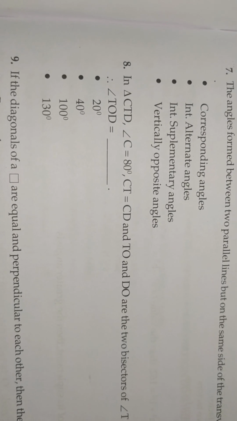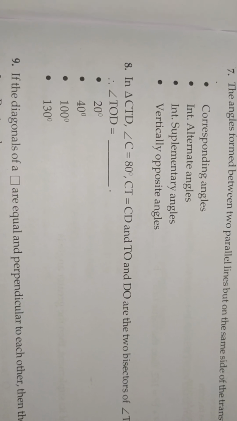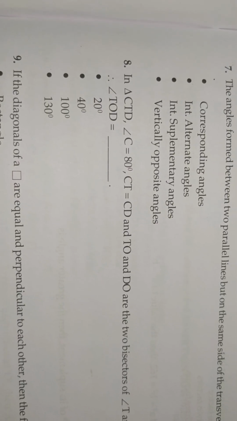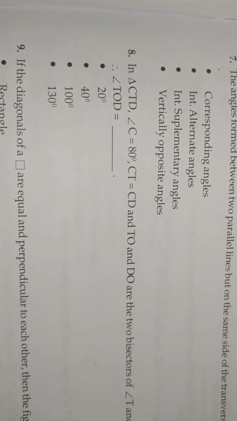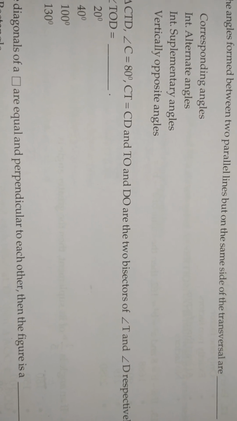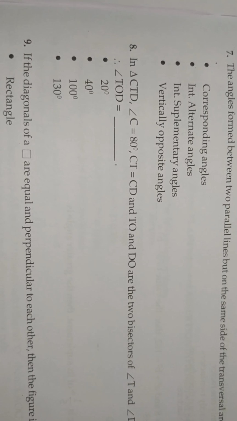Question number 8. In triangle CTD, angle C is equal to 80, CT is equal to CD, and TO and DO are the bisectors of angle T and D respectively. Therefore the angle TOD will be what?